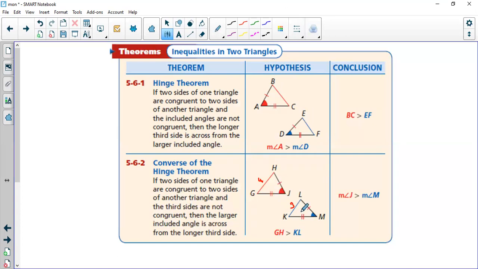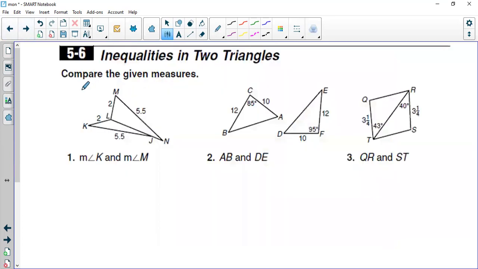If the two sides are equal and the third side is not congruent, then we use the third side to compare the angle. So whichever triangle's third side is greater, the angle opposite to that side becomes the greater angle. It will be more clear once we start solving some questions. So let's try to solve this. What did they say? They said compare the given measures.